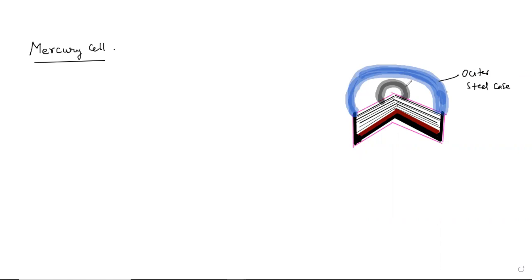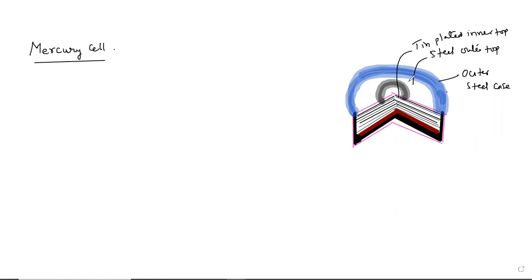We also have a steel outer top. The other thing we see here is a tin plated inner top.